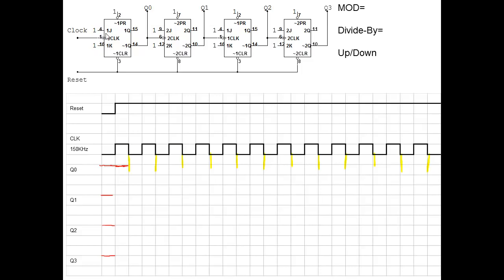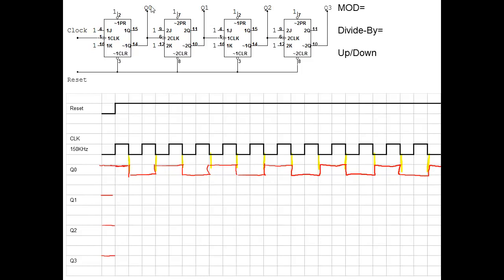What happens with every clock pulse? Well, we're in toggle mode again, so in every negative edge we're just going to toggle the flip-flop. So it goes from high to low, high to low. It's just going to do that all the way across. So the first one we didn't do anything weird or strange to.